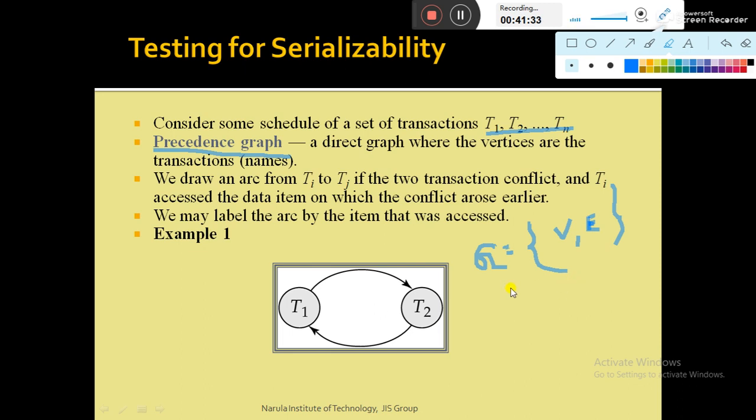The precedence graph is also represented in that form, where V is the set of vertices and E is the set of edges. Here the vertices correspond to transactions.